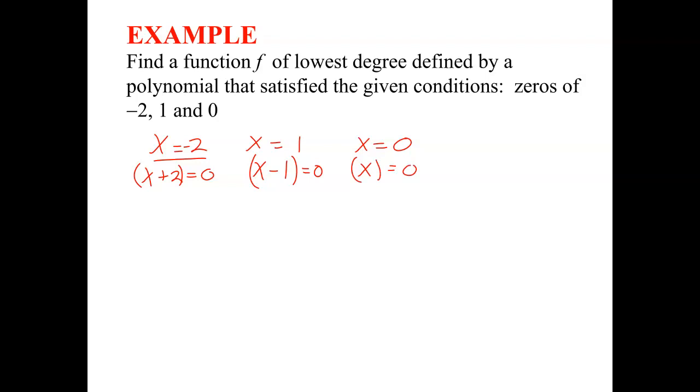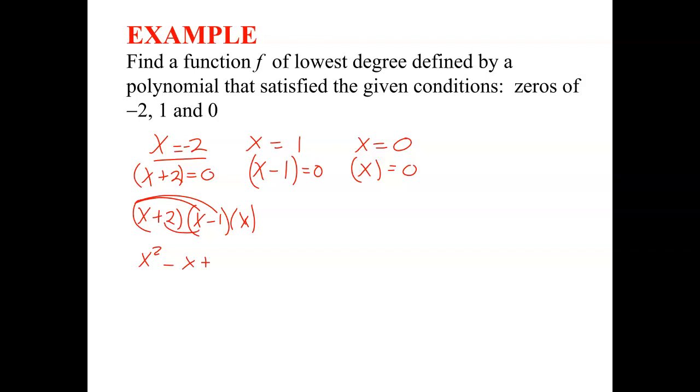If I have 3 factors, what degree is my polynomial going to be? X to the third. So I'm going to have a 3rd degree polynomial. So now that I have my factors, all I'm going to do is take them and expand it. I'm going to go ahead and multiply. Distributive property. X times x. Keep going. I'm going to do that one last.